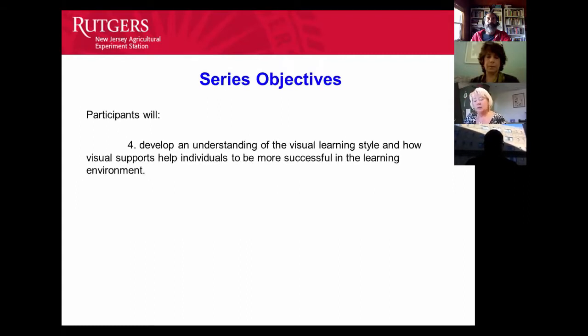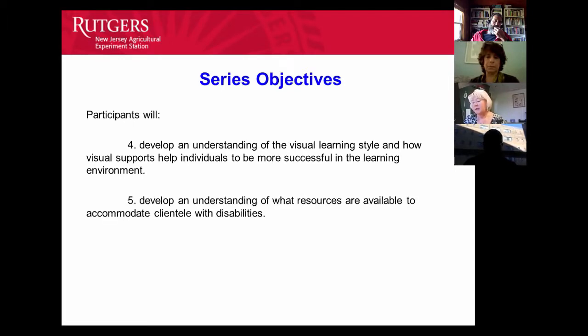Fourthly, participants will develop an understanding of visual learning styles and how visual supports help individuals to be more successful in the learning environment. And finally, participants will develop an understanding of what resources are available to accommodate clientele with developmental disabilities.